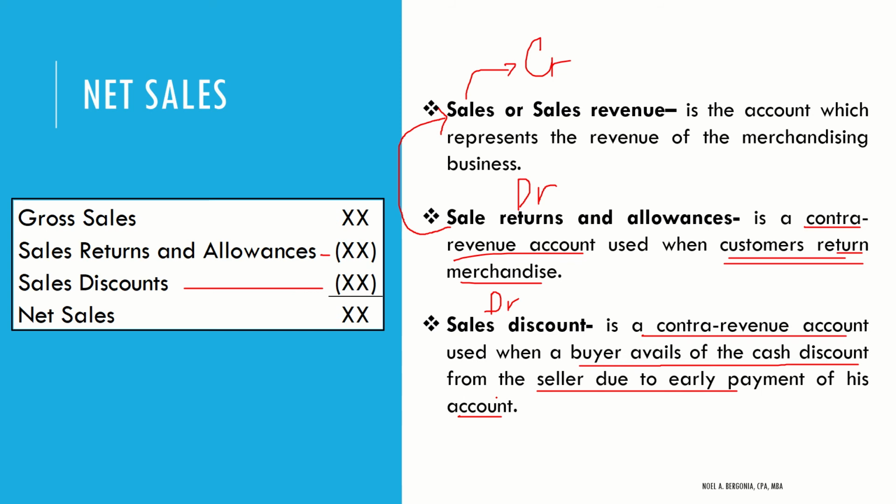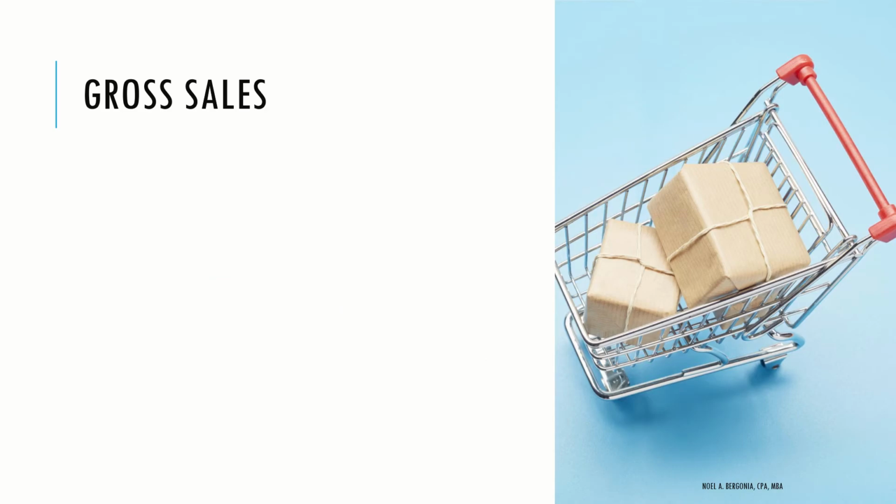So, eventually, these are the elements of the computation for our net sales. Mamaya, we will be discussing one by one again yung mga items na yan with the corresponding journal entries already. So, let's start with our gross sales or yung sources ng ating sales or sales revenue.